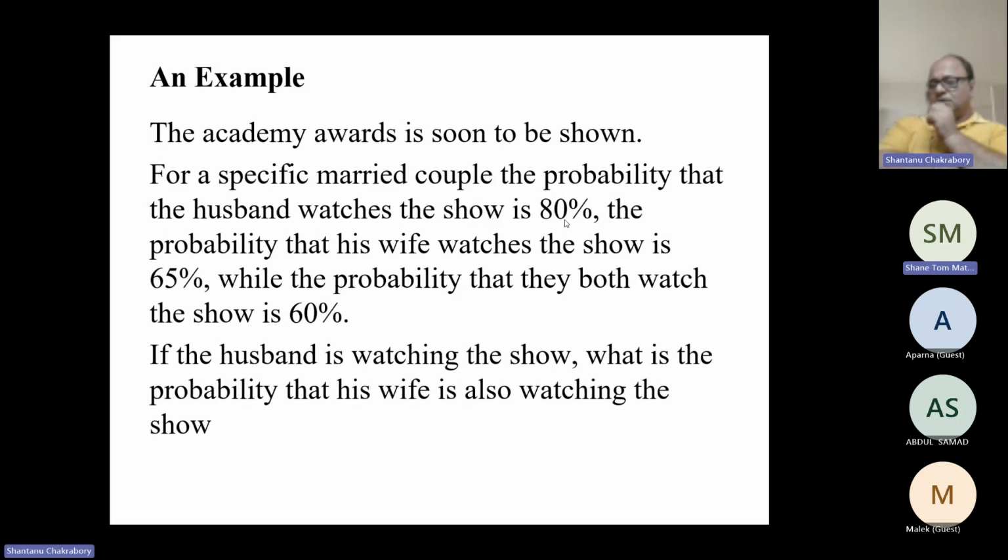The probability that they both watch the show is 60%. So if the husband is watching the show, what is the probability that his wife is also watching the same show? How can we calculate it? This is a typical example of conditional probability, right?